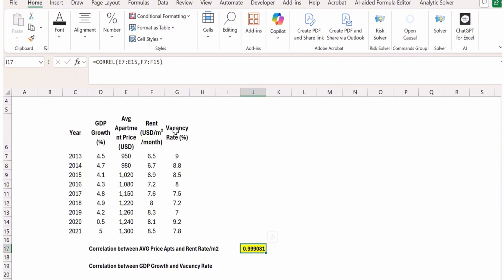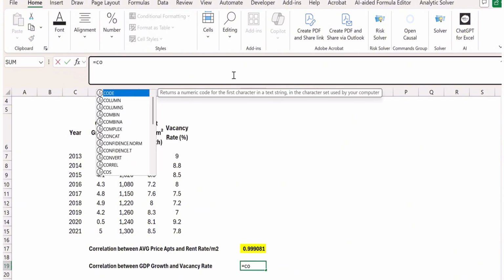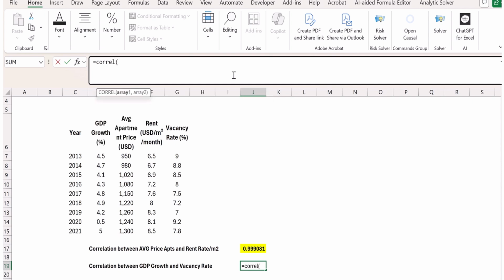For example, it's not only GDP, it can be monetary policy, interest rates, household income, population growth, migrations, number of apartments available, and so on. Many other things. So let's use the built-in Excel formula here, CORREL for correlation, and we will select our GDP, array 1, our vacancy, array 2.